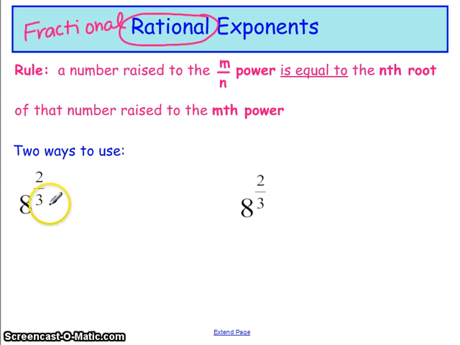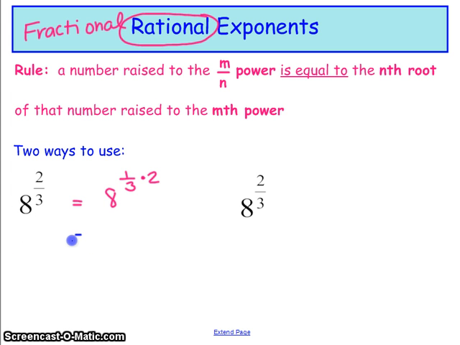8 to the 2/3 you could think of as 8 to the 1/3 times 2. And that's just because when you multiply 1/3 times 2, you get 2/3. So I just wrote that in a different way. Now, you guys know a rule about raising exponents to a power that says you multiply them.